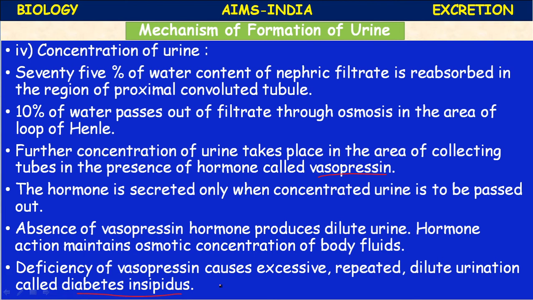Okay, next, so that's why you can think about why it is not secreted when a person drinks a lot of water. Okay, the hormone is secreted only when concentrated urine is to be passed out. Okay, that is the main point you need to remember.